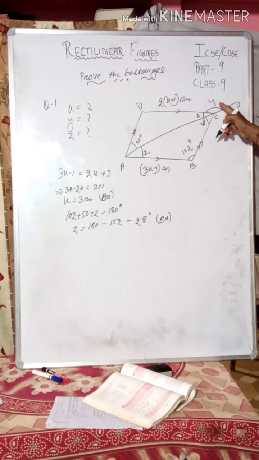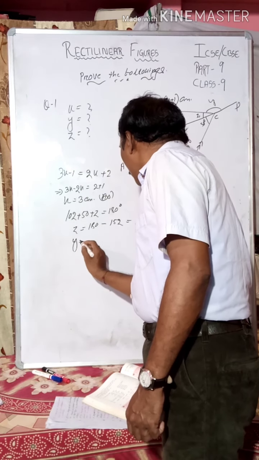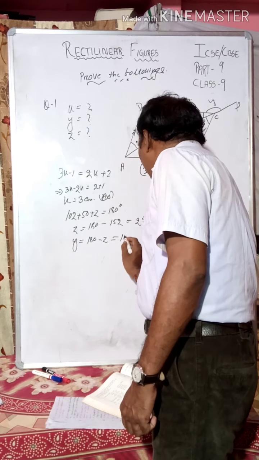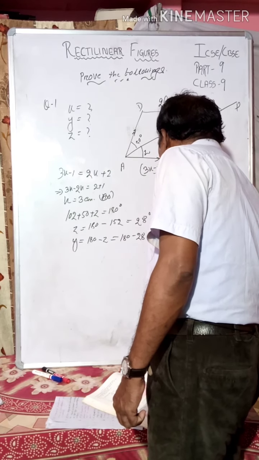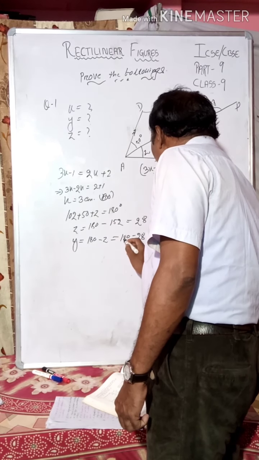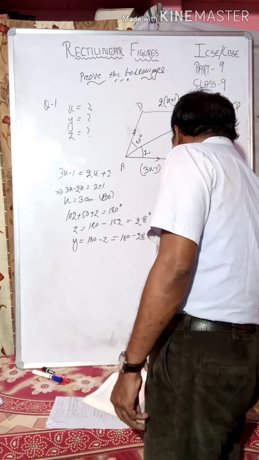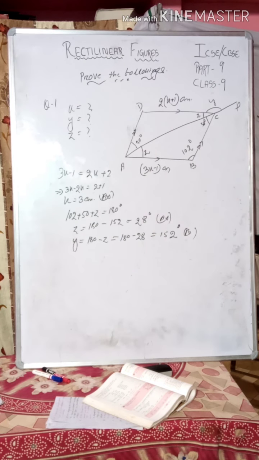And for the value of y, Z plus y is 180, so y is equal to 180 minus Z, that is equal to 180 minus 28, that is equal to 152 degree. This is the answer. So the values of x, y and z we have already found out. This is the question.